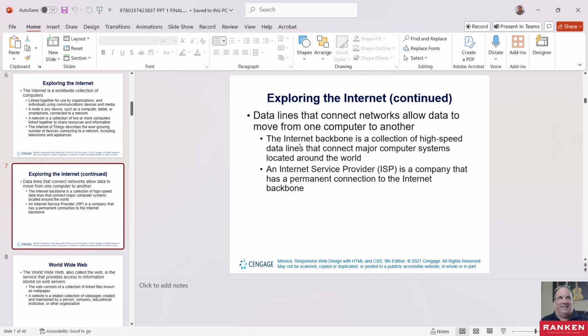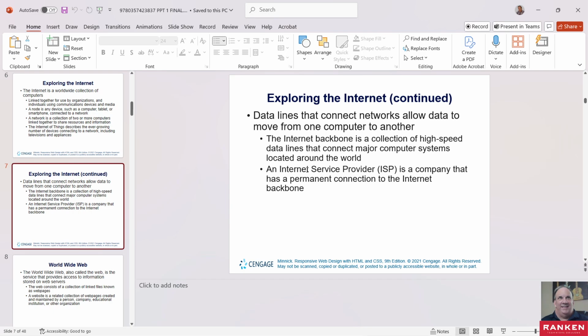They're connected to each other. There are cables, right? The internet backbone is a bunch of servers and computers that are connected together with cables, right? So the internet's backbone is a collection of high-speed data lines that connect major computer systems located around the world.